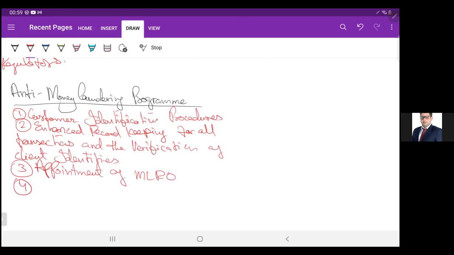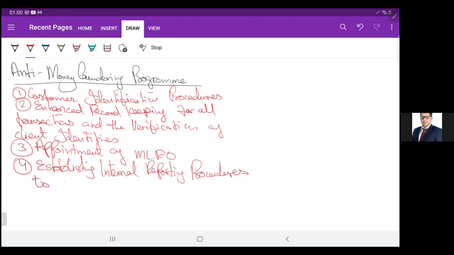4. Establishing internal reporting procedures. Internal reporting procedures to the money laundering reporting officer.